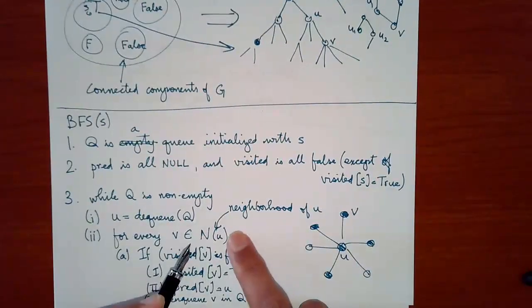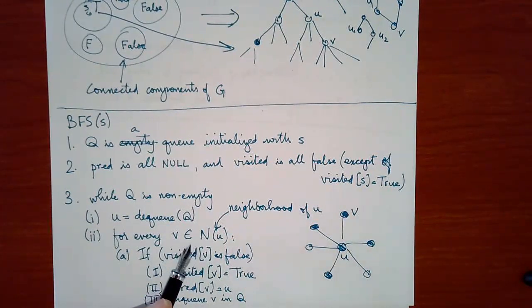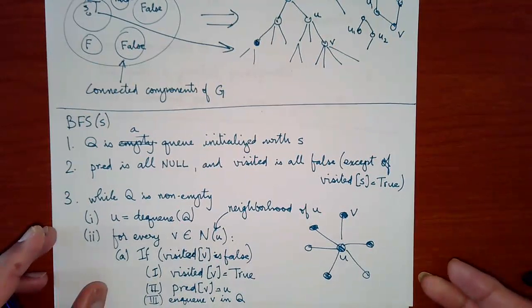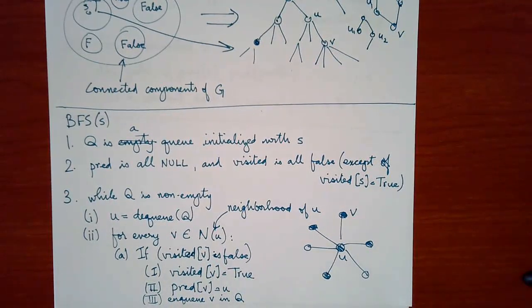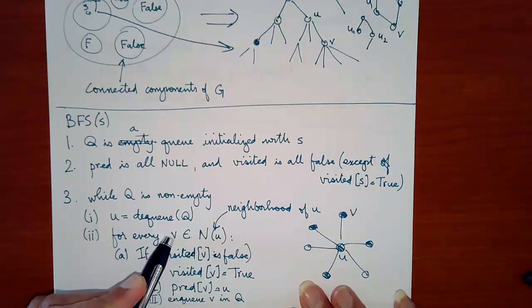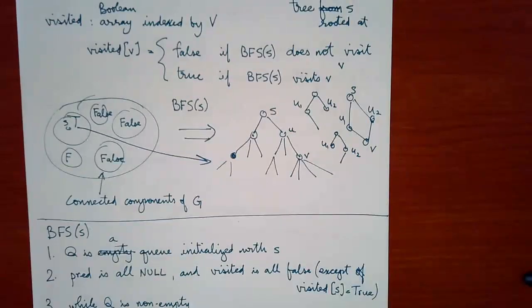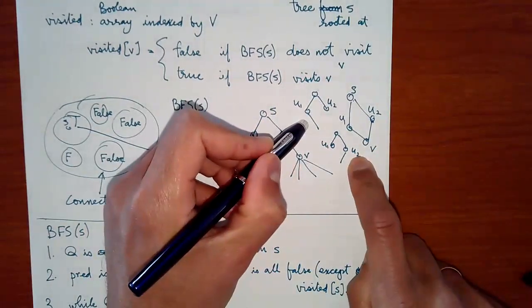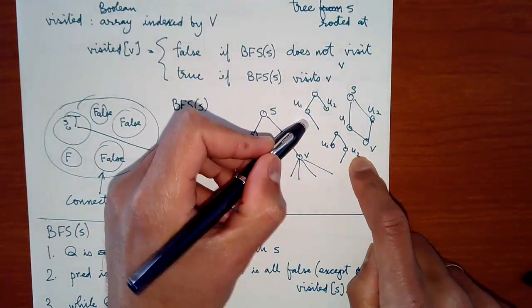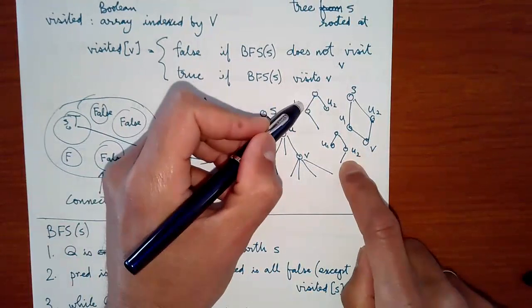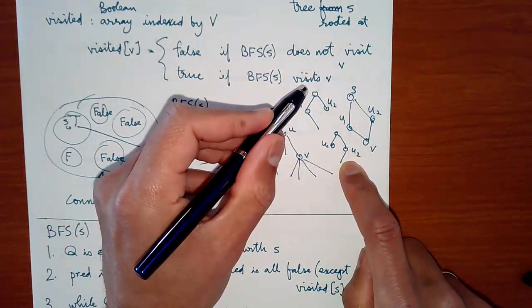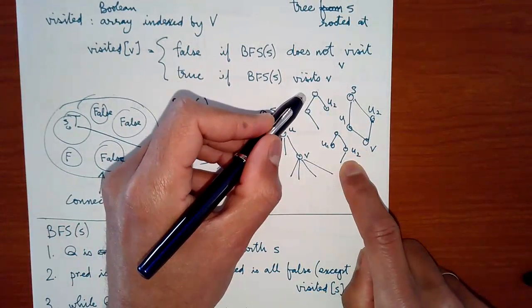Well, it depends on the ordering of the adjacency list. The adjacency list could be stored in an arbitrary order, and depending on the order, you would get different outputs. Oh, okay. But both of these are shortest path trees. Yeah, the picture on top and the picture on the bottom.